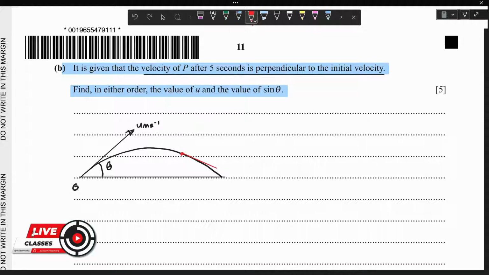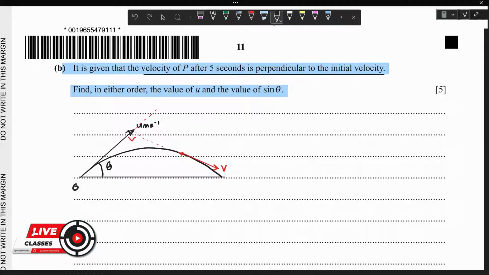That's the direction of the velocity v. But they're saying it is perpendicular to the direction of the initial velocity. The two are perpendicular, so they meet at right angles somewhere, maybe when extended.